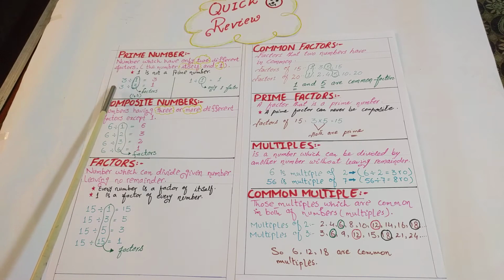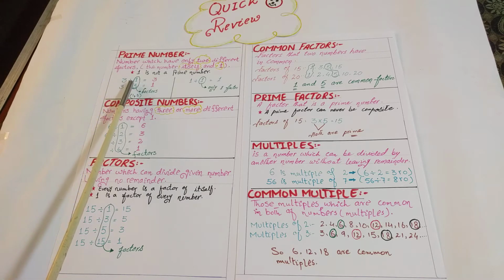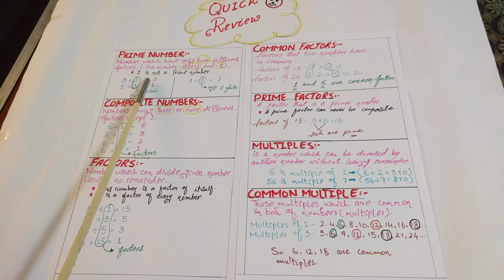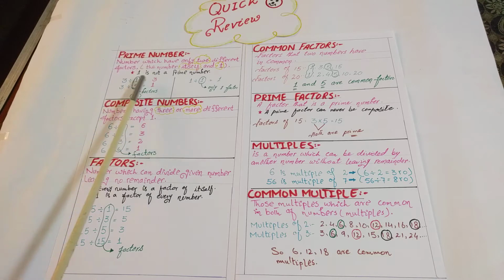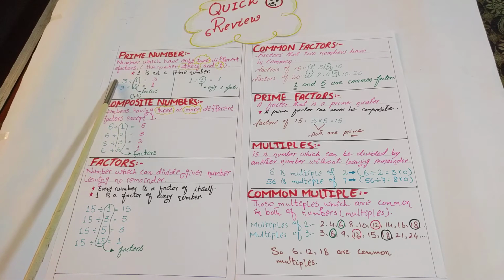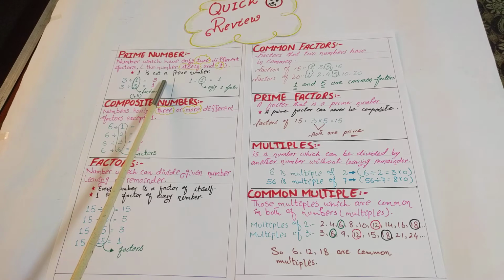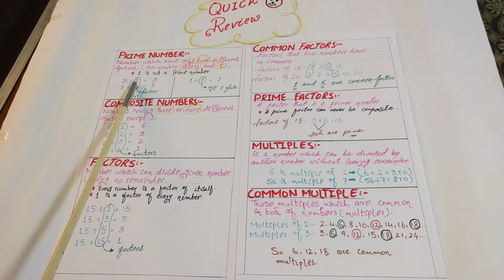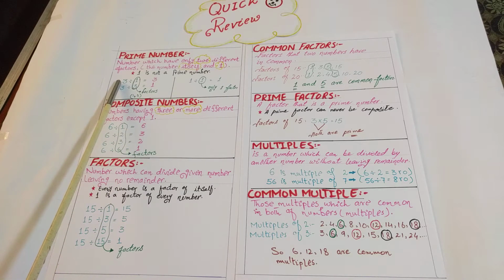Our number is 3. 3 divided by 1, 1 threes are 3. It means 1 is completely dividing the number 3 without leaving any remainder, so 1 is the factor of 3.